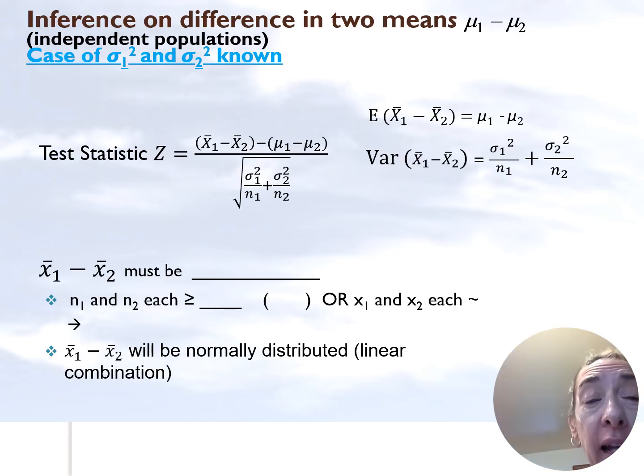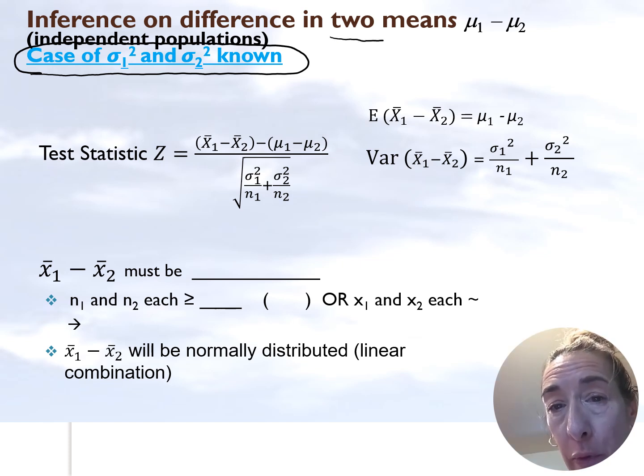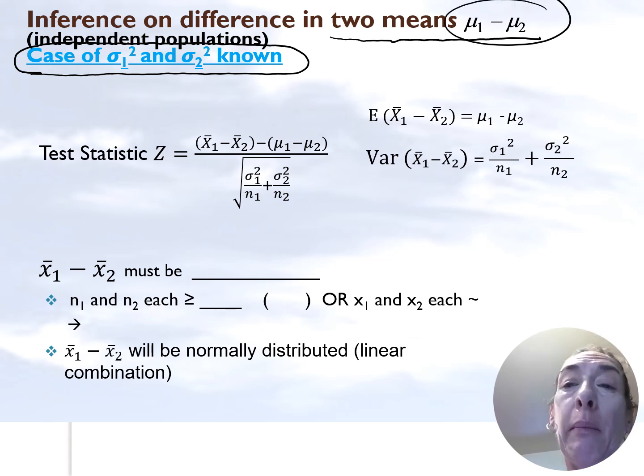Okay, so let's talk first about the case in which our population variances are known. So sigma 1 squared known and sigma 2 squared known. Again, we're performing inference on the difference in two means from independent populations. Now when our sigmas are known, we can use z, correct?